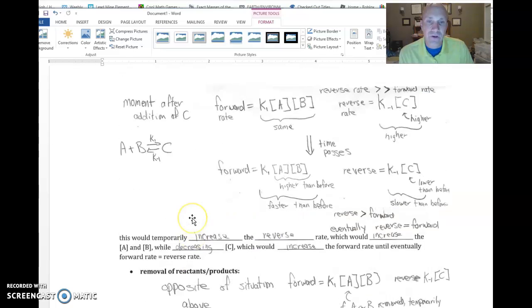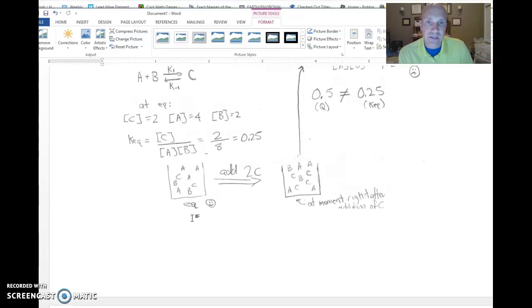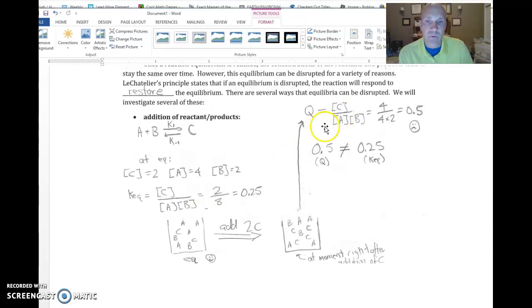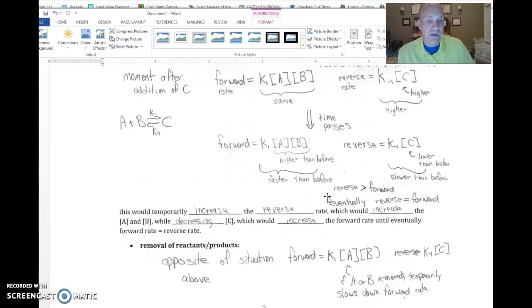So, for example, what would happen if instead of C going up from 2 to 4, it went down from 2 to 1? Well, we could go through the same mental exercise. If you now had a lower concentration of C, that would decrease the reverse rate, and we could go through all of that. And I think that you should be able to go through that exercise.